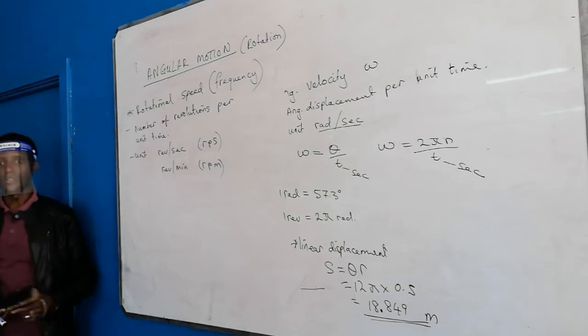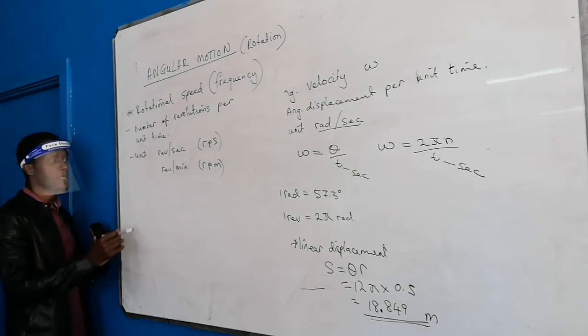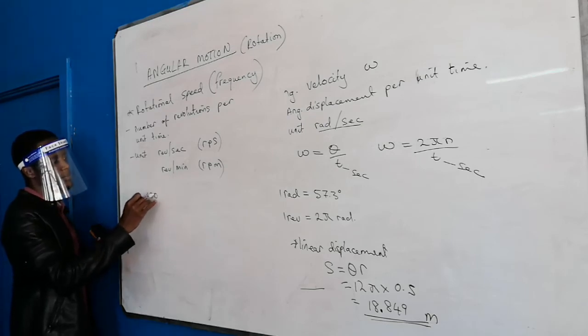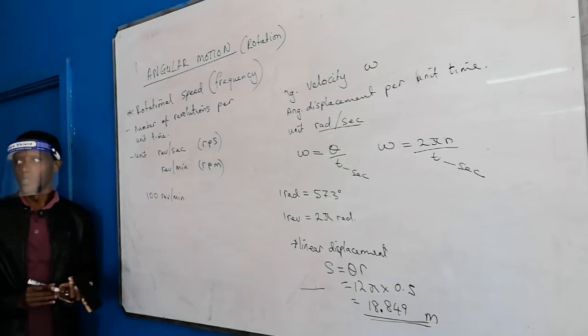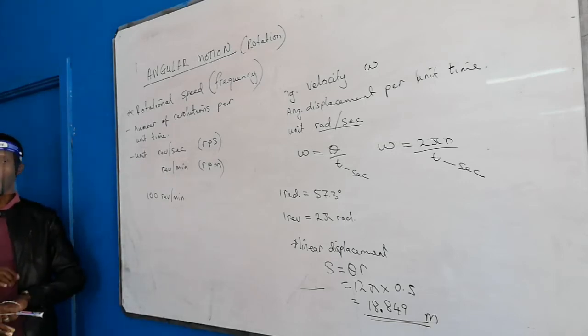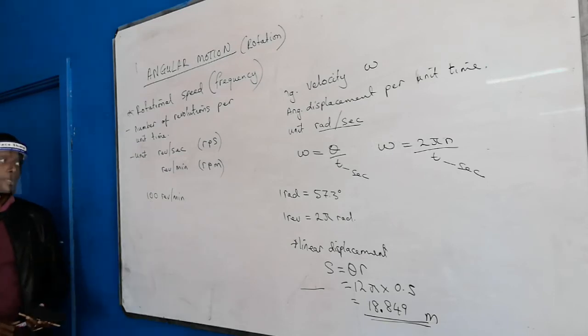So this one they just count. For example, they give you a machine that can spin maybe 100 revs per minute. Which means in 1 minute, it would have made 100 complete rotations. Okay?